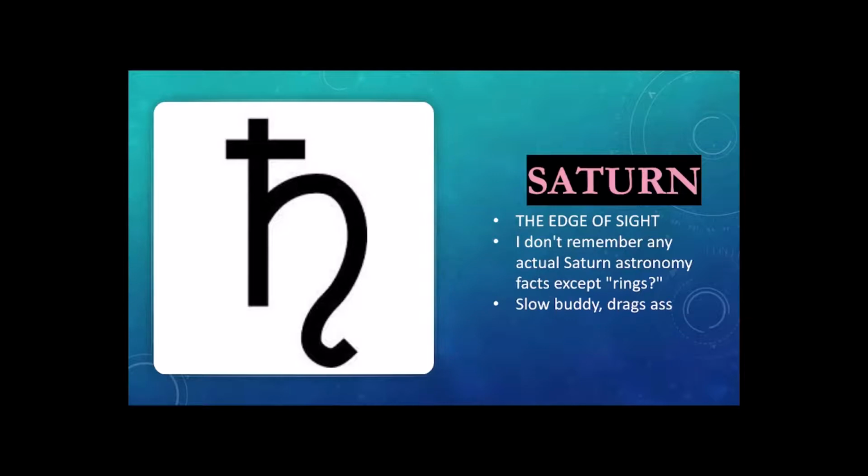Anyway, Jupiter looks like a 4 and Saturn looks like an H. So put them together, and it's the 4-H club. Saturn is the final traditional planet, the final visible planet. Once we get beyond Saturn, we get into the planets that we didn't know existed until a few hundred years ago.